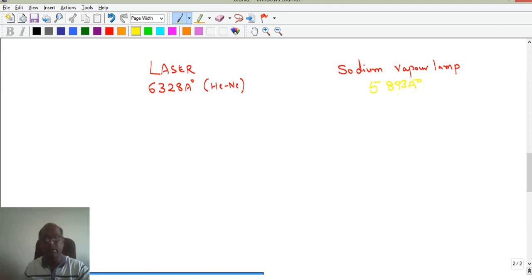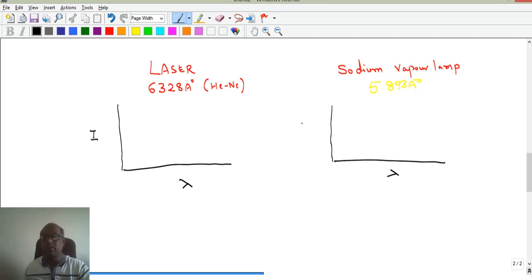So, as per our definition of monochromatic source, what is the condition? It should have a single wavelength. That means if you draw a graph between wavelength versus intensity, what should we have? We should have a single line at 6328 angstroms, as well as a single line at 5893 angstroms.